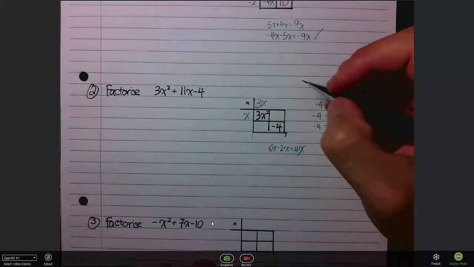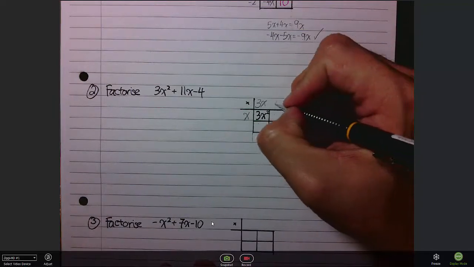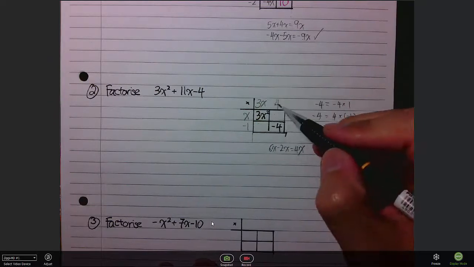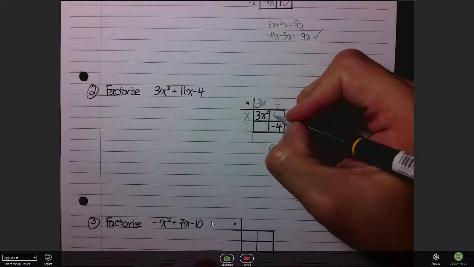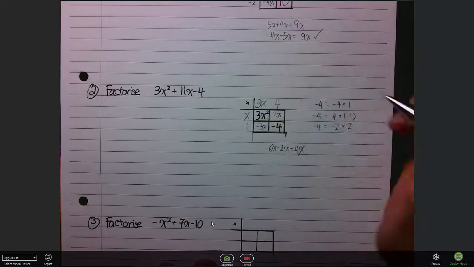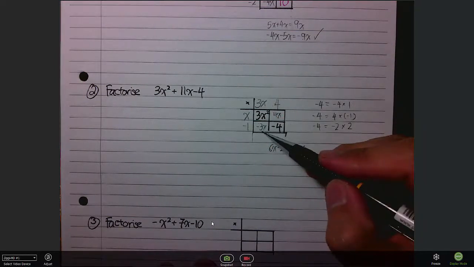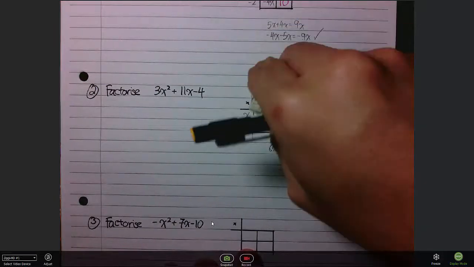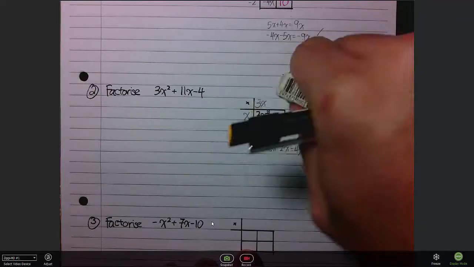Then maybe I can try 4 and negative 1 here. 4 times x gives me 4x. Negative 1 times 3 gives me negative 3x. Straight away you see 4x minus 3x gives me positive 1x. Not the same here, so this is also incorrect. We have to try yet again.